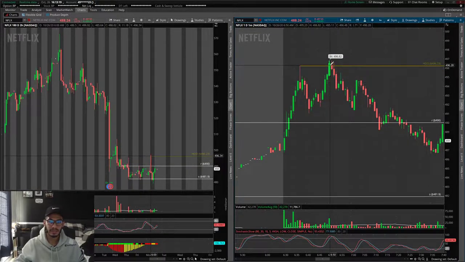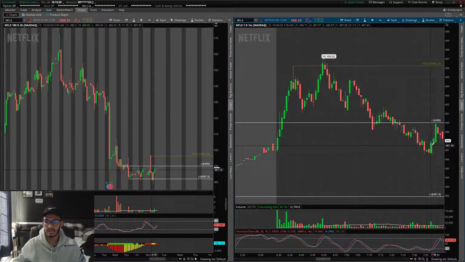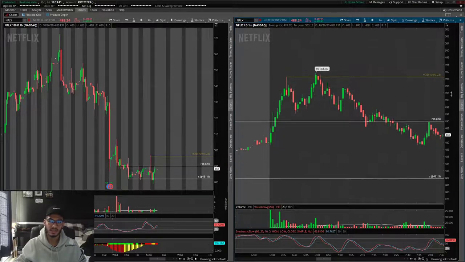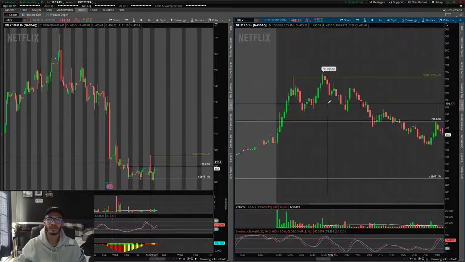This is capitulation right at high of day. Capitulation is big money players selling into momentum, and this also happens on the downside. So you have to be very careful on how you identify volume, because you don't want to get it confused. Plus, this comes in conjunction with retracement levels.